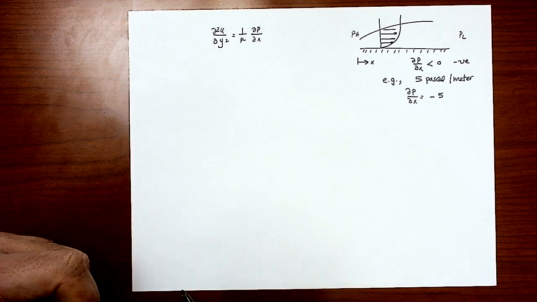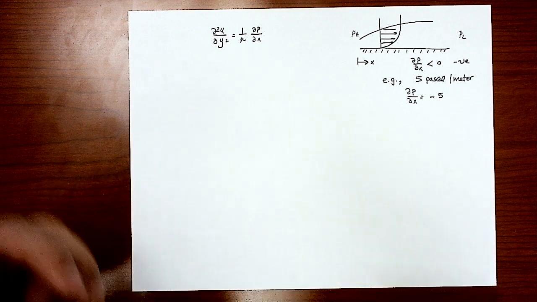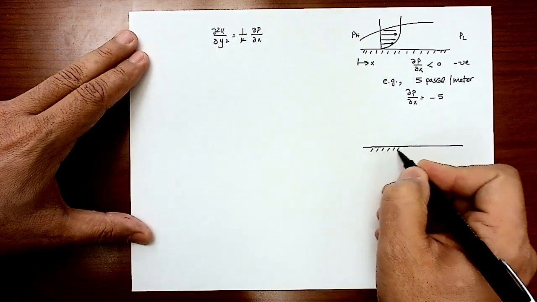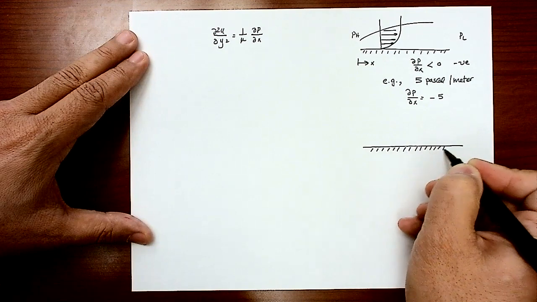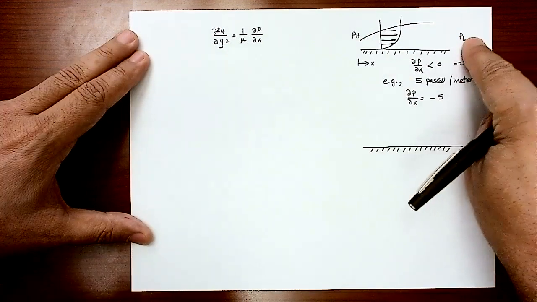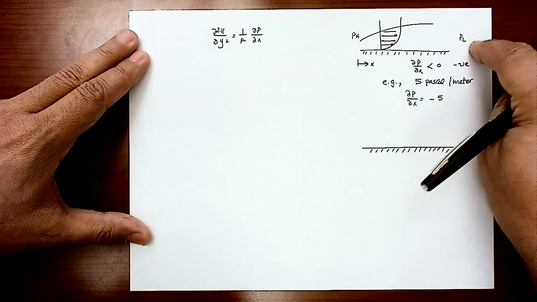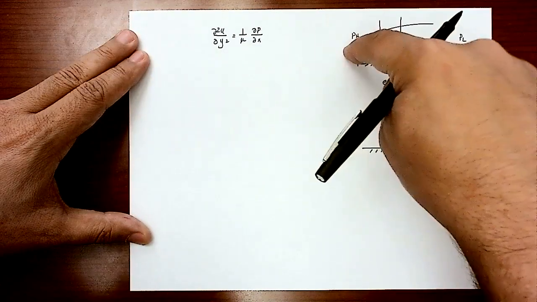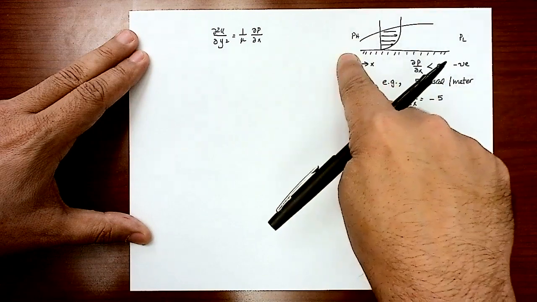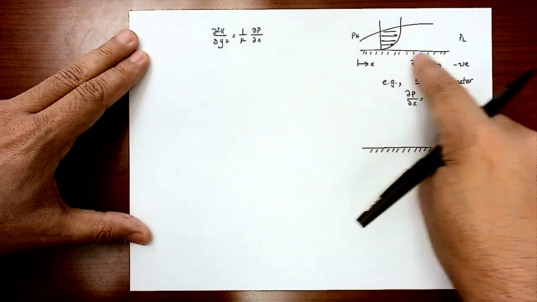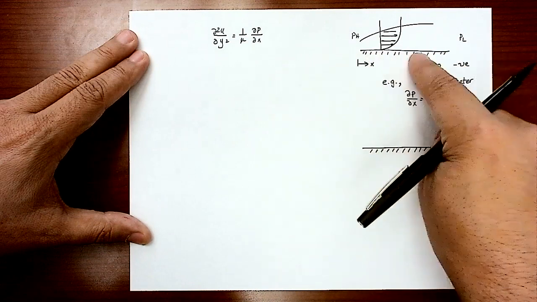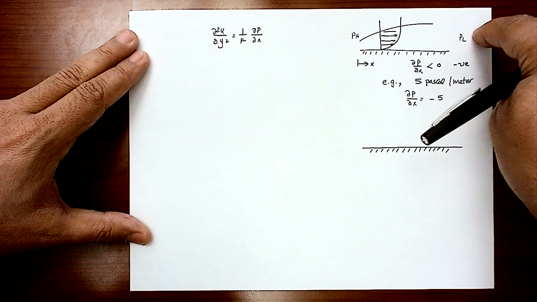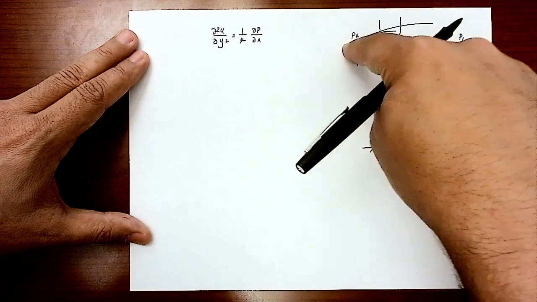A second situation: let's assume that somehow you were driving a flow against a pressure increase. Suddenly you decided to increase that pressure by some external means, and you end up having this side's pressure higher than the other. So I start with high pressure here, low pressure here. I start driving the flow. While the flow is going in that direction, I start building up pressure on this side until a moment when the pressure here is higher than the pressure there.